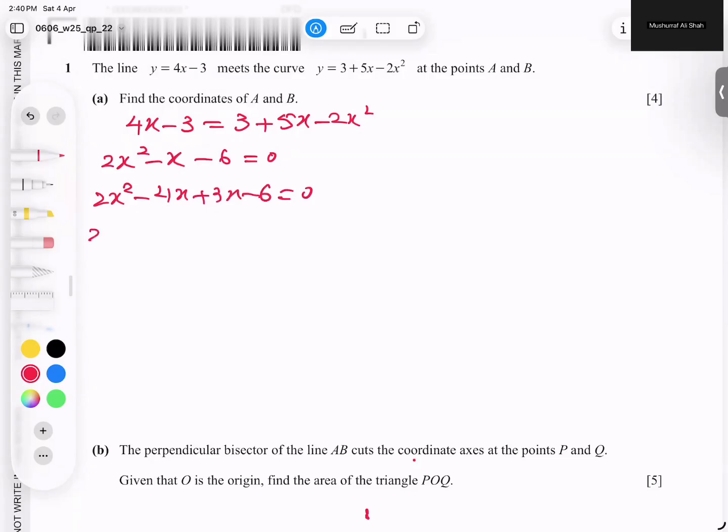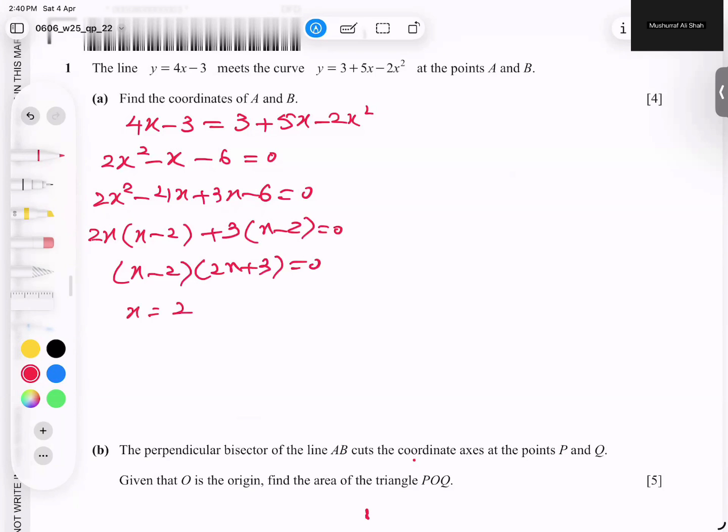So 2x common, I can get x minus 2, 3 common, x minus 2. X minus 2 and 2x plus 3 is equal to 0. I got two answers from here, 2 and negative 3 by 2.